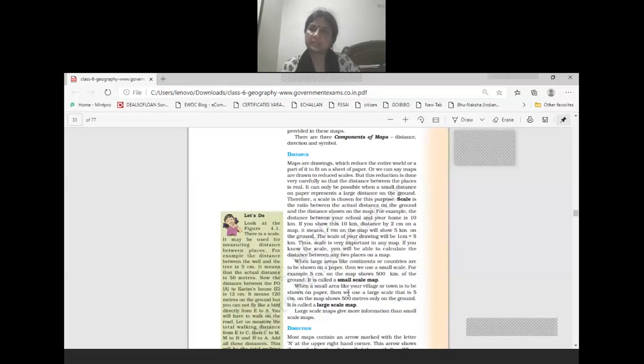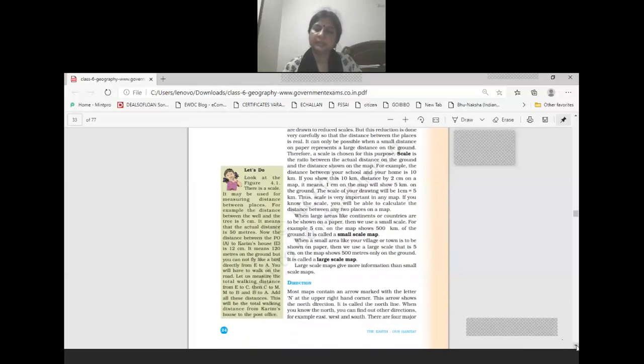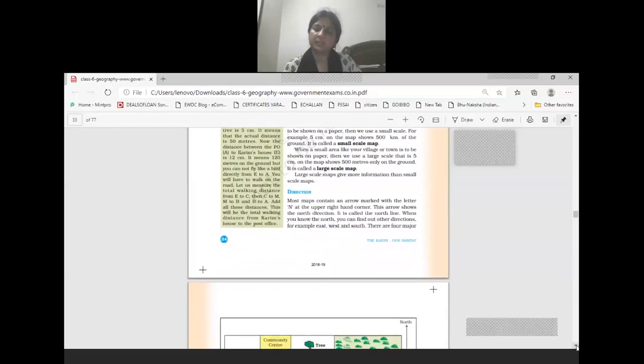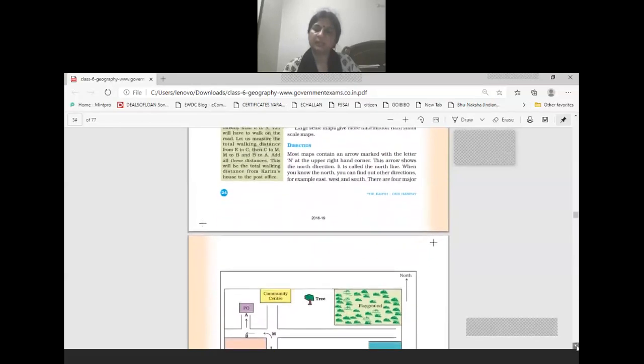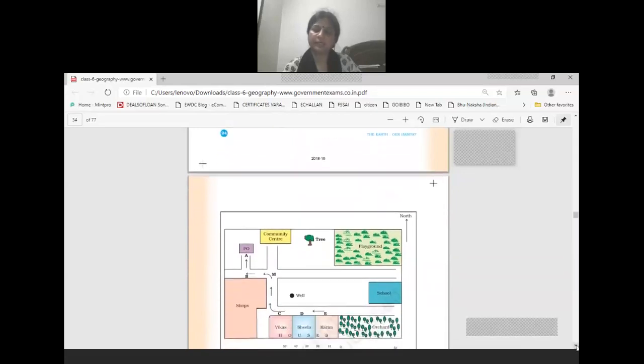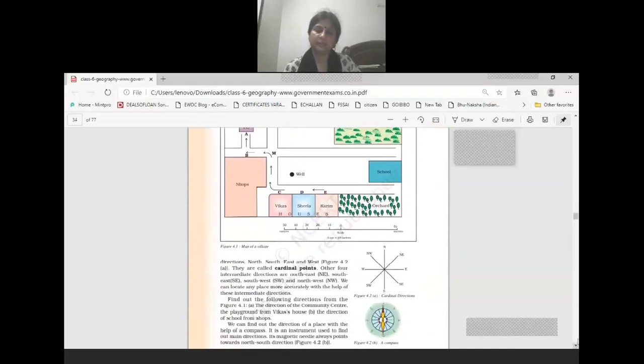So this is the difference between large scale and small scale maps. And this is one of the components of the map. And then the second component of the map, we have also discussed this. This is direction. And we all know that there are four types of direction. These are called cardinal directions: north, south, east, and west.